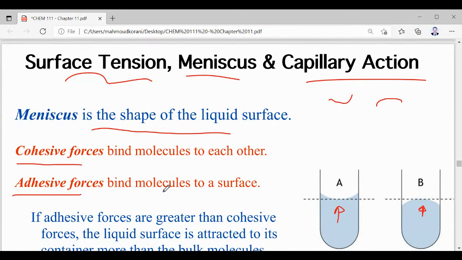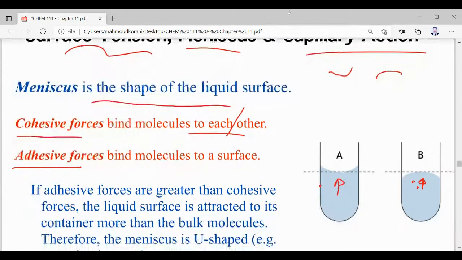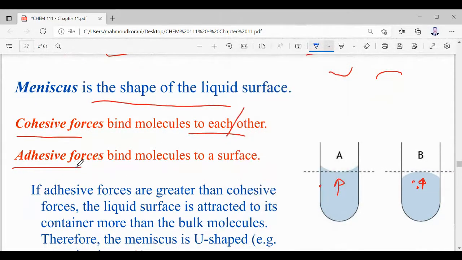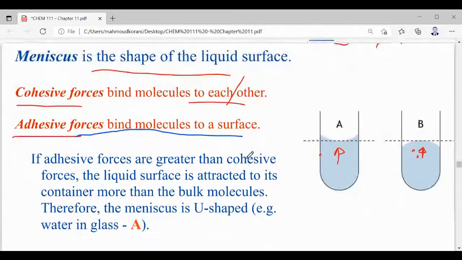The adhesive forces are the attraction between the solid and the liquid molecules, and the cohesive forces are the forces between molecules themselves. So cohesive forces bind the molecules to each other, while adhesive forces bind the molecules to the solid surface. There is competition between these two.